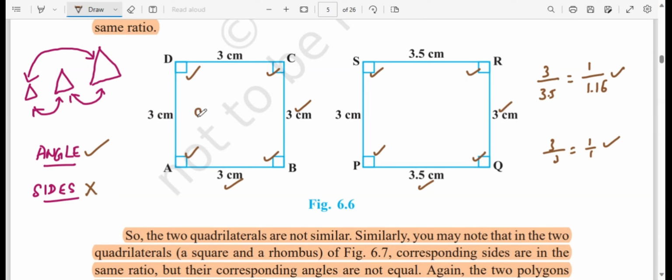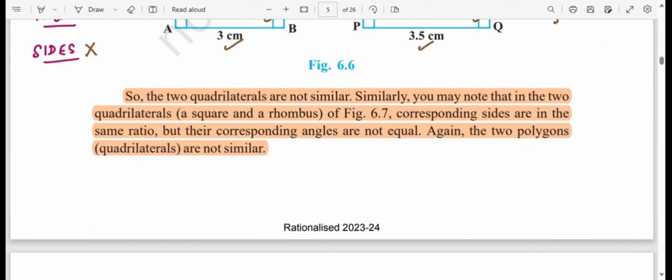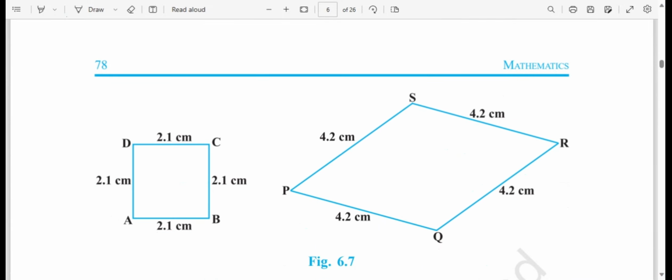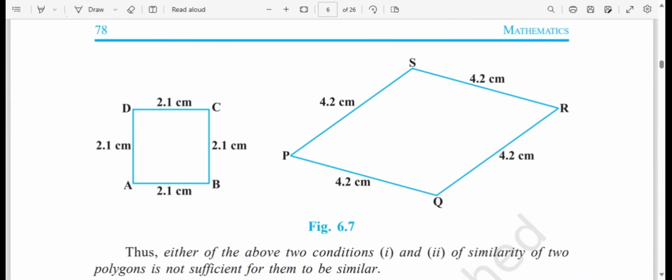Obviously, we know this is a square and this is a rectangle, not a square. So these two are not similar figures. It has to satisfy both things, angle and also sides. Coming to the next one, let us see whether these two figures are similar.